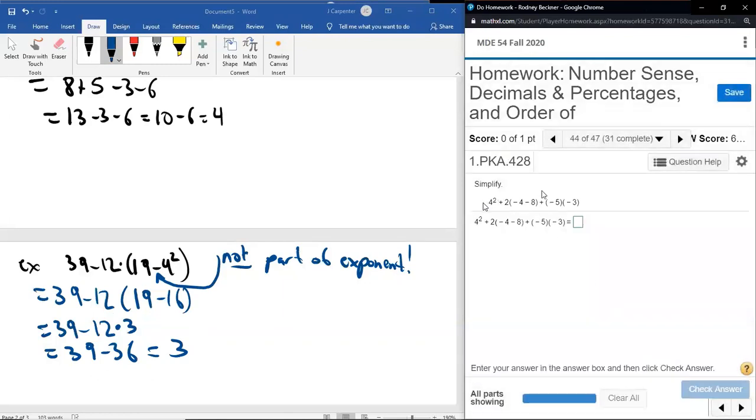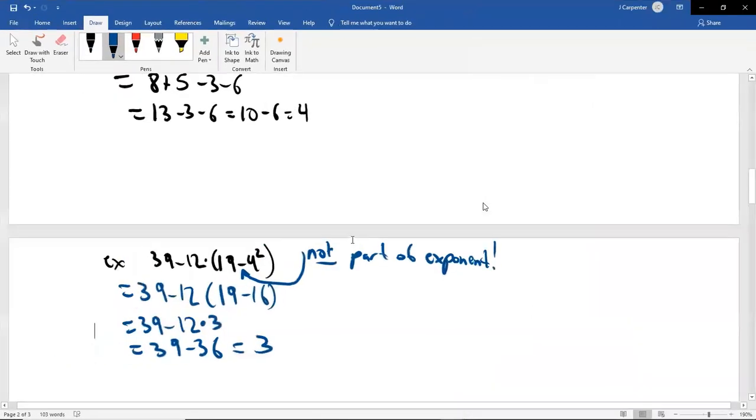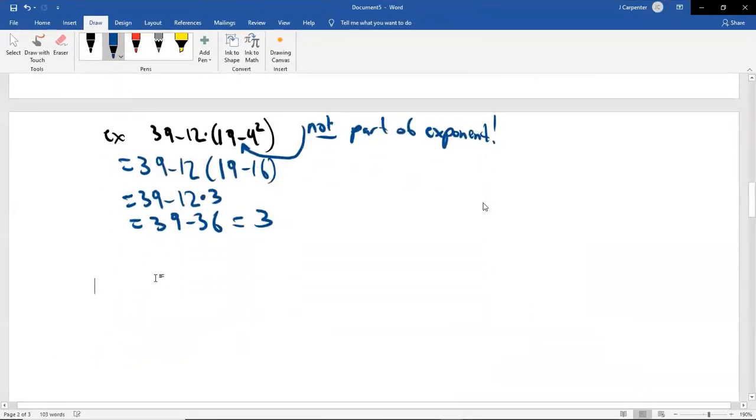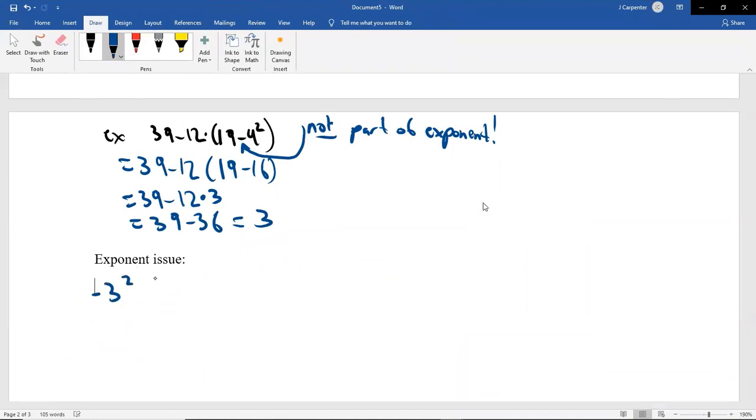Oh, look, another one. Before we do this one, let us explain that whole exponent situation. So this is an exponent issue. If you have something like negative 3 squared versus negative 3 squared, but one of them has a parentheses.